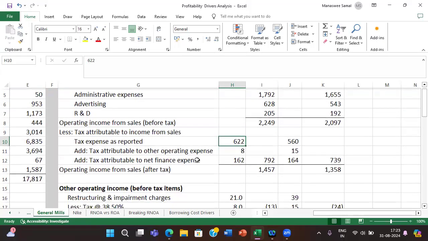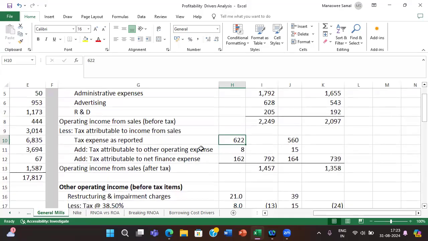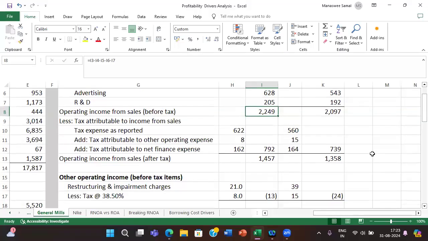Now, if you want to attribute this tax expense to only this item, that is operating income from sales, then you need to first figure out how much of tax is attributable to the remainder items in the P&L. If you understand that much, then the tax allocation calculation will be very simple. So I think we'll start from the bottom, then it will make sense for you.